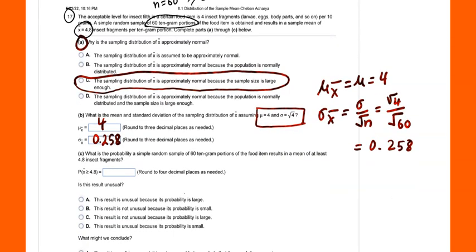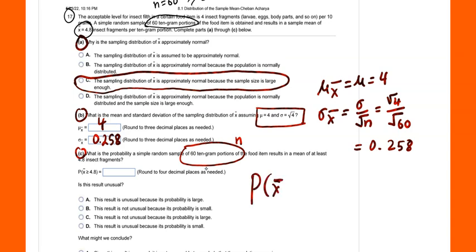Part C. I did part B. Part C. What is the probability of a simple random sample of 60 10-gram portions of a food item, again this is the sample size, that results in a mean of at least 4.8 insect fragments? Therefore, we're looking for the probability of x bar.